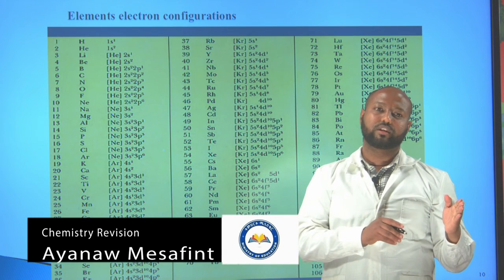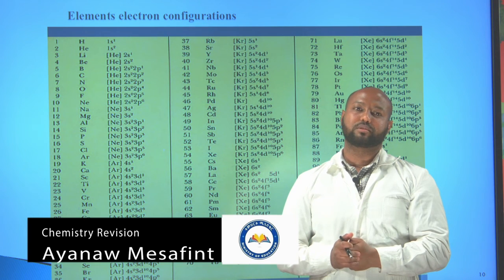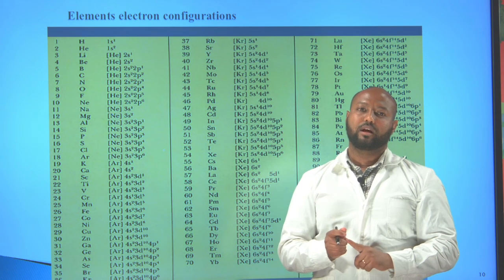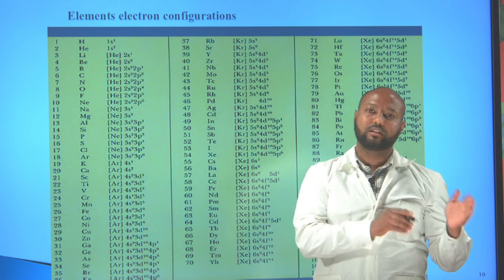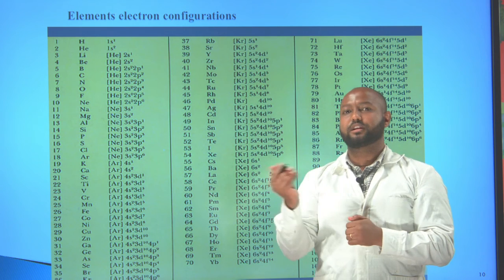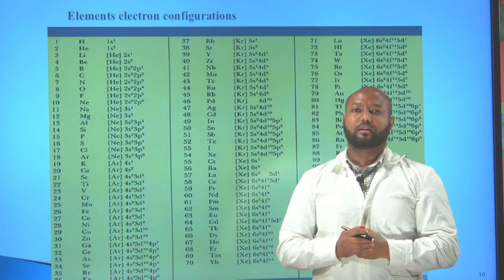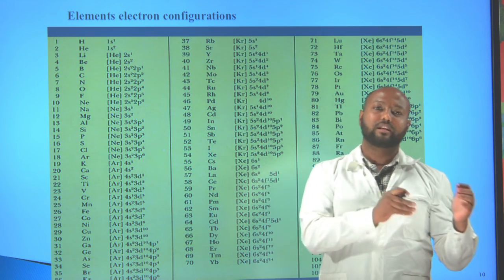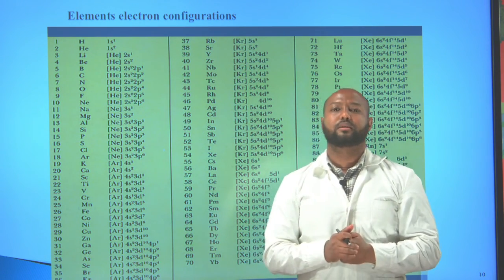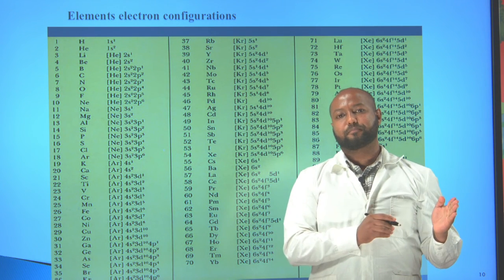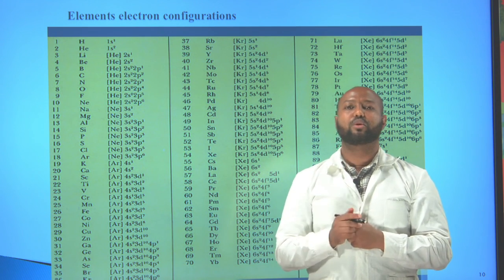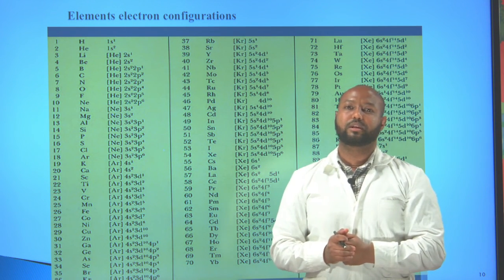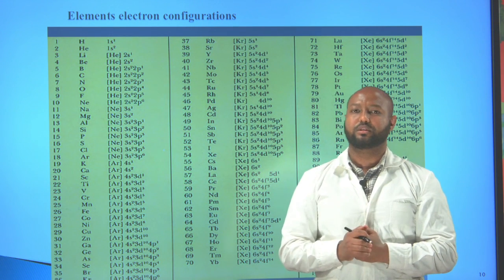To write electron configuration, we have to remember 3 principles: the Aufbau principle, Hund's principle, and the Pauli exclusion principle. According to the Aufbau principle, electrons fill from lower energy level to higher energy level. According to Hund's principle, degenerate orbitals, same-energy orbitals, are filled singly before the next electron pairs up. According to Pauli, 2 electrons cannot have all 4 same quantum numbers. At least they must differ by the spin quantum number, which is clockwise and anticlockwise.